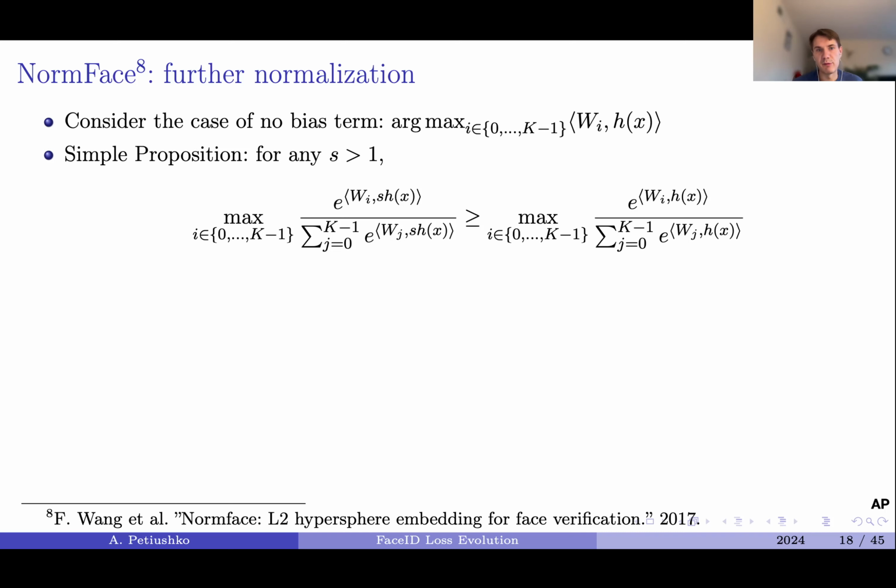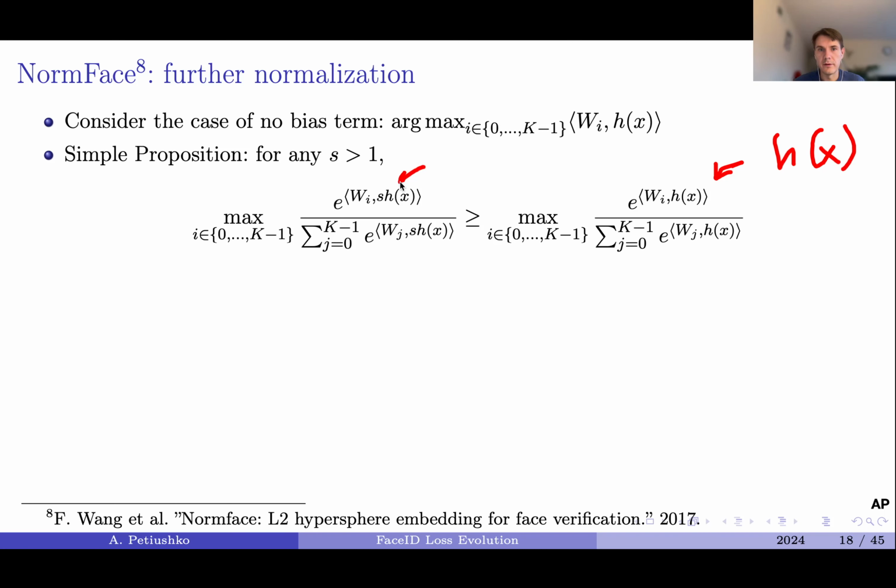And here is a simple proposition that I would propose for you to prove: for any s greater than 1, the maximum value over i in the set composed of 0 to k minus 1 of this softmax probability, computed with the adjusted representation, is greater than or equal to the maximum probability of the usual softmax, where we use the initial h of x.